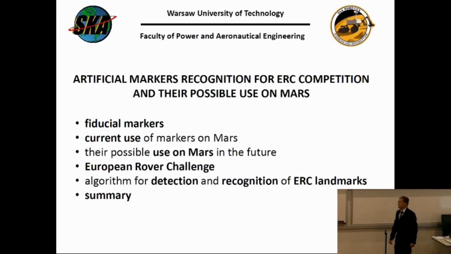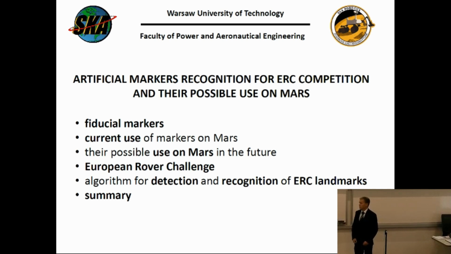So I will start with mentioning the fiducial markers definition, what they are. I will show a few examples of them. Next, I will present current use of markers on Mars in the example of Curiosity rover. And then I will present some ideas of the possible use of these markers on Mars in the future.